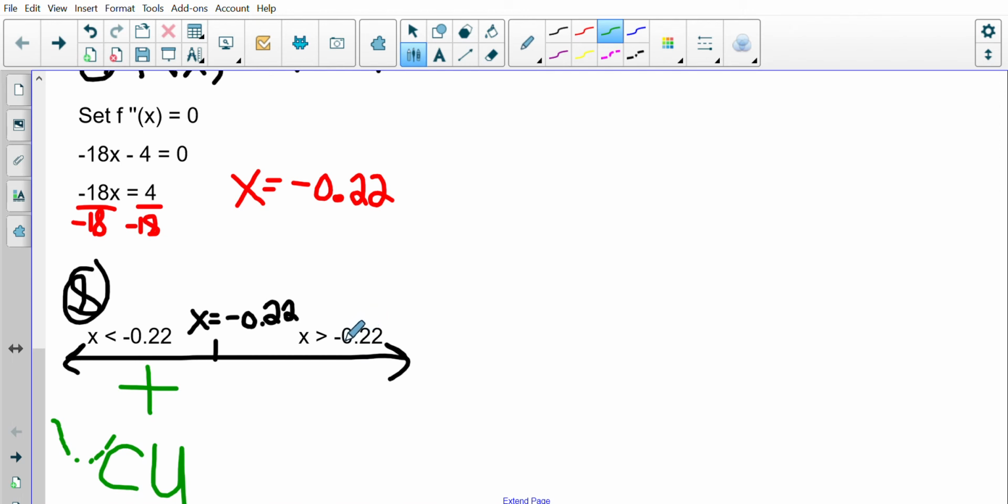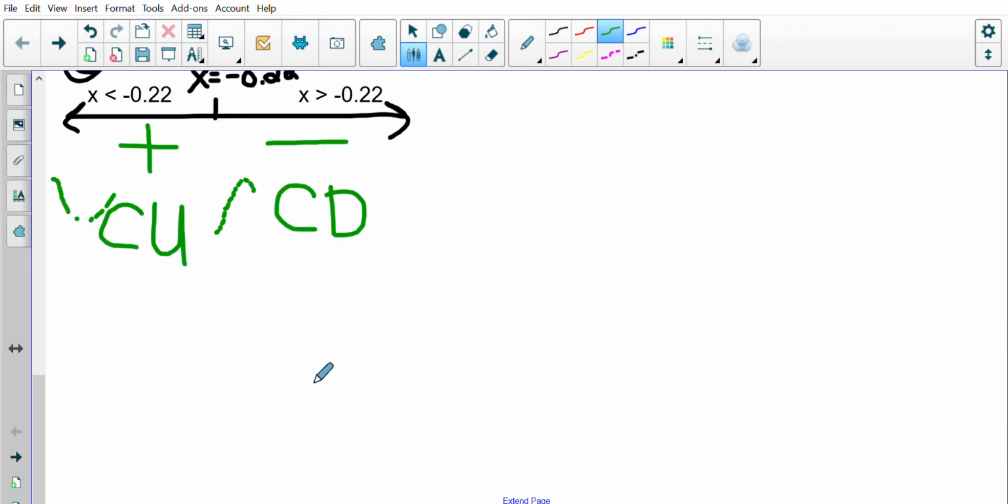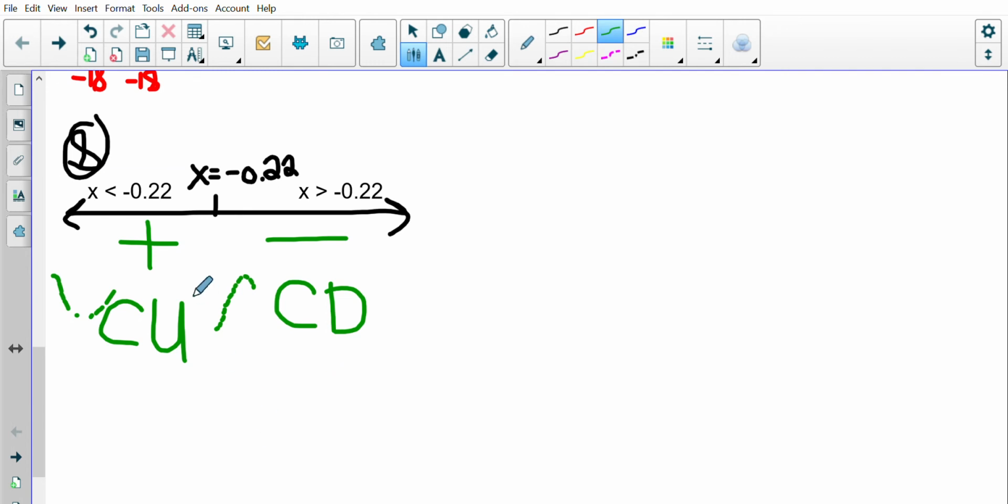Now, after -0.22, a number like 0 works. And if I plug in a 0, it would be negative. And so our slopes are decreasing. They started positive and they're going down. So in this interval, our function is concave down, which means at x = -0.22, that is a point of inflection.